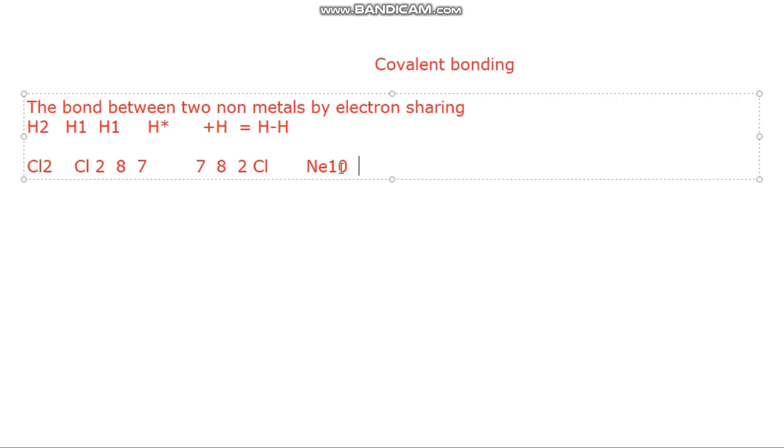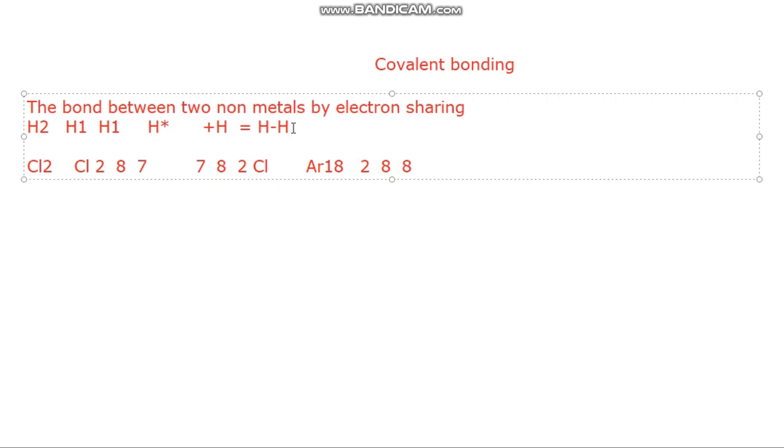You have to keep the three noble gases: helium 2, neon 10, and argon 18. Argon 18 is 2, 8, 8.